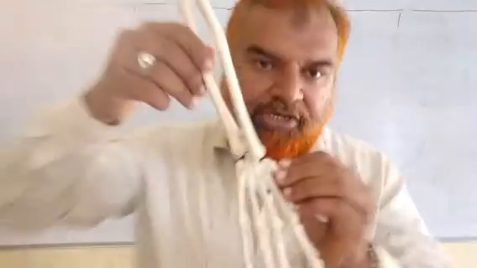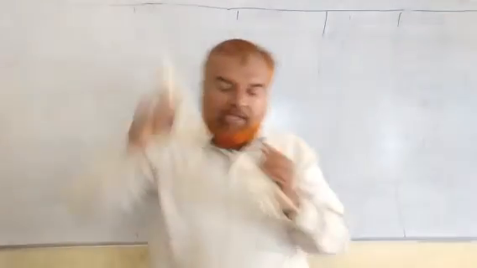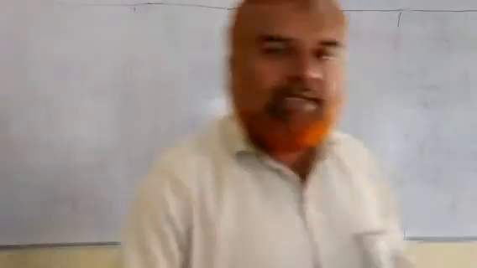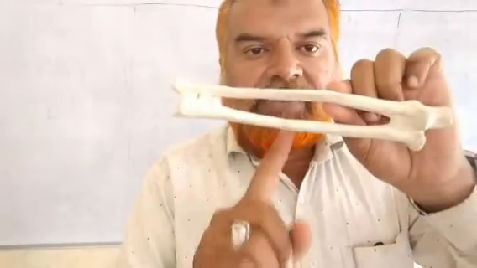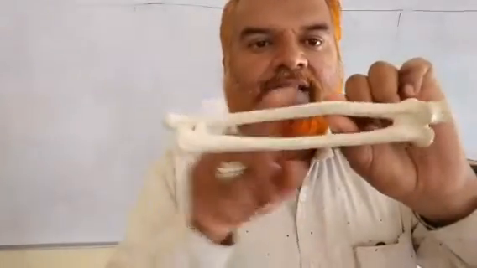And from here the wrist bones start. The humerus goes from shoulder to elbow, and from elbow till the wrist you have radius and ulna.